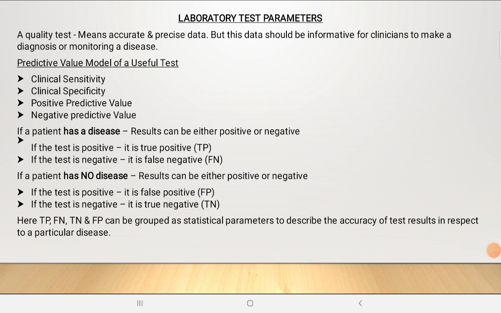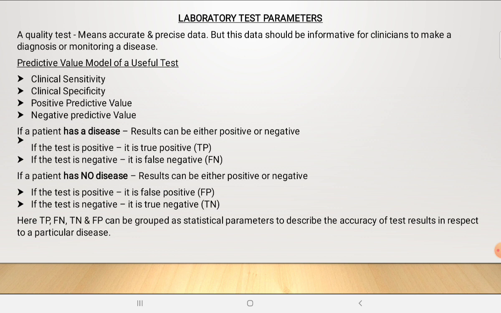If the test shows positive, that is when the patient is diseased and the test shows positive, it is called a true positive. But if, the patient being diseased, the test shows negative, it is called a false negative.